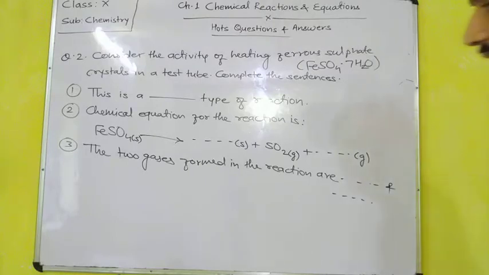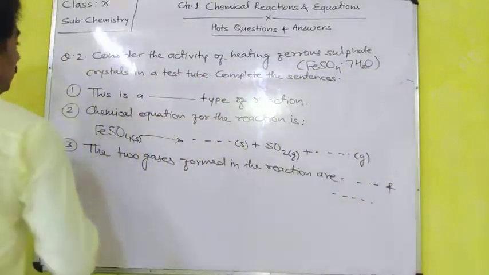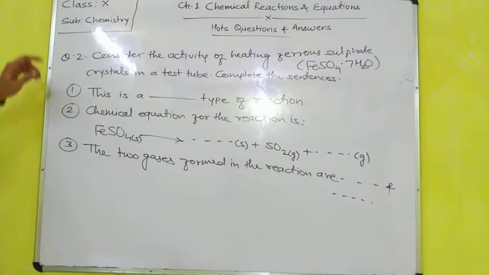Here we have to take 2 gram of ferrous sulfate, and first we have to note its color. It is green in color, and after that we have to put it in a dry boiling test tube.